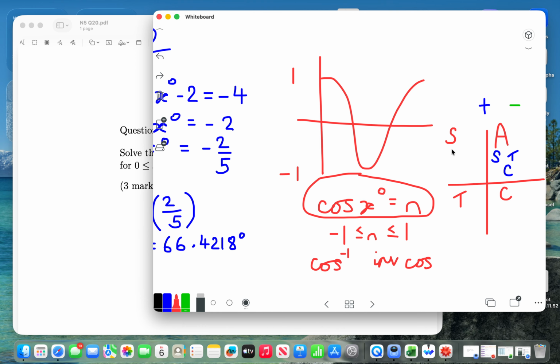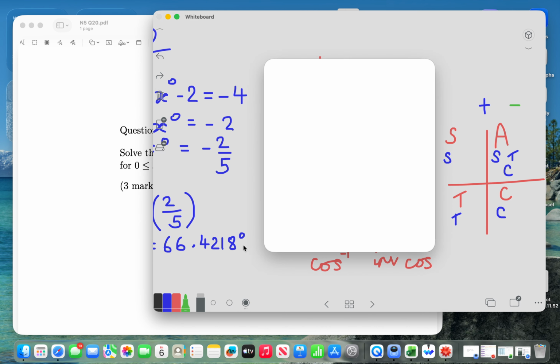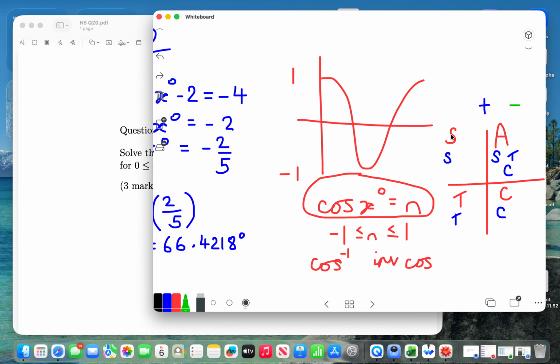In the S quadrant, the sine is positive. In this one, the tan is positive, and in this one, the cosine is positive. But the other ones will be negative.